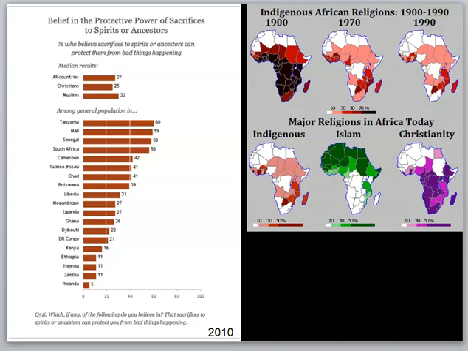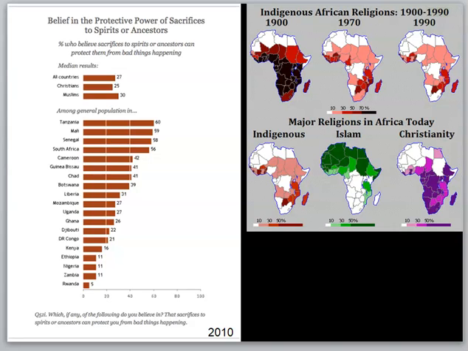The lower line of maps helps us to see, at least as of 1990, that in the north, and I'm looking at the center map, it is primarily Islam that is the major religion. Going to the right, it is primarily Christianity that is the major religion in the south.